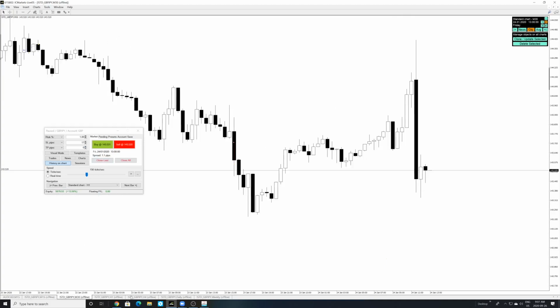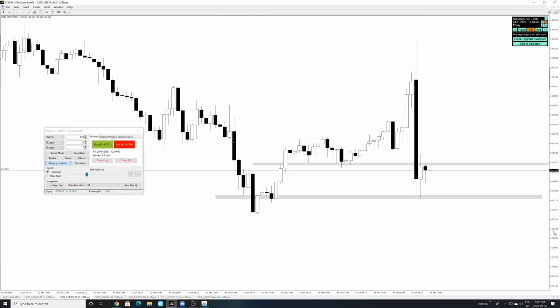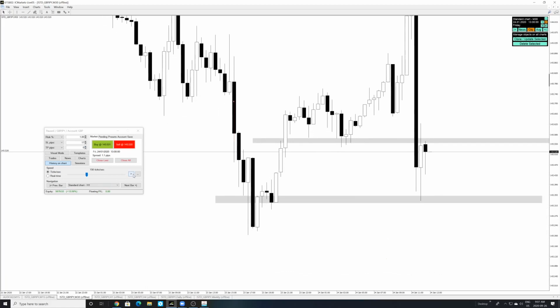Let's go to the 30-minute time frame. Let's clone everything over to the 30-minute time frame. There we go, right? So we have a nice little range. We're just ranging at this point.